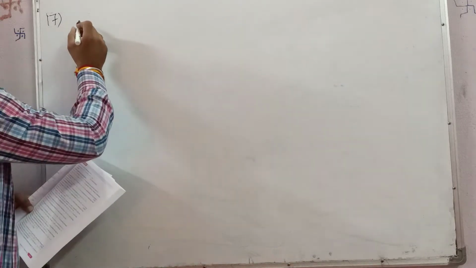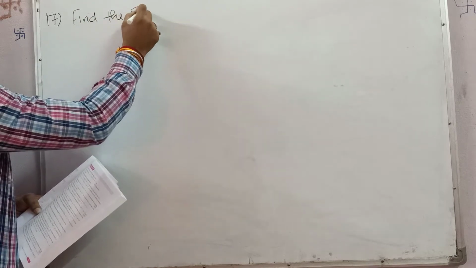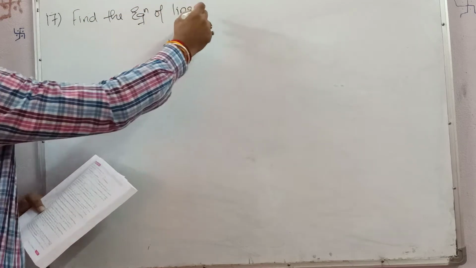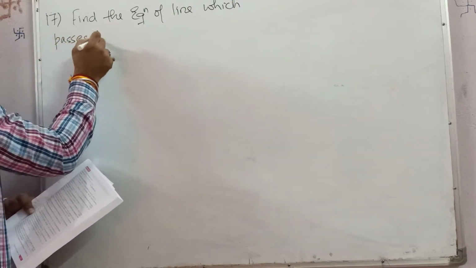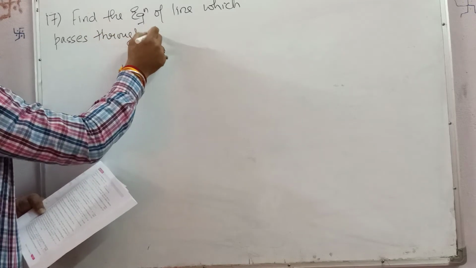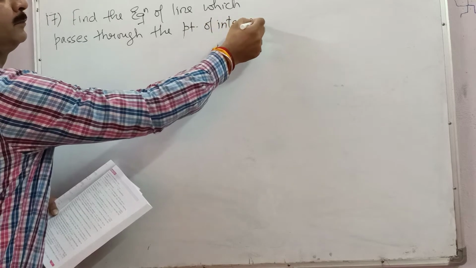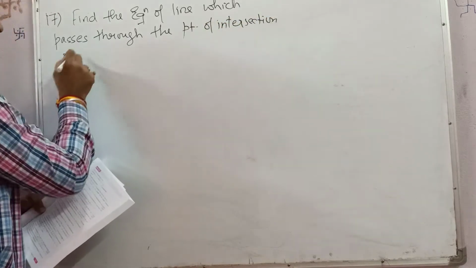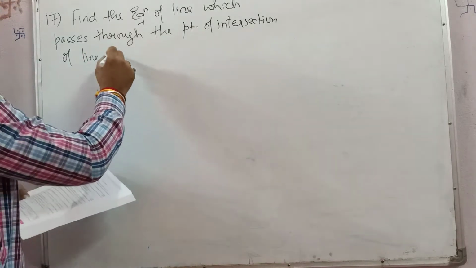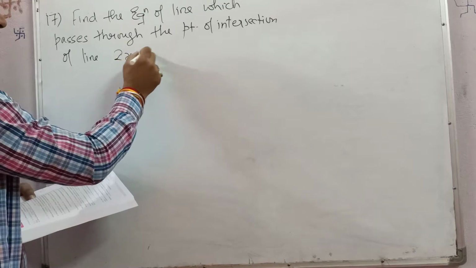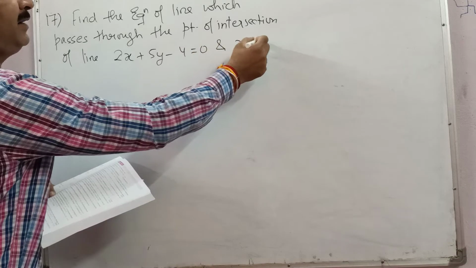So we need to find out the equation of line which passes through the point of intersection of line 2x plus 5y minus 4 is equal to 0 and x-axis.